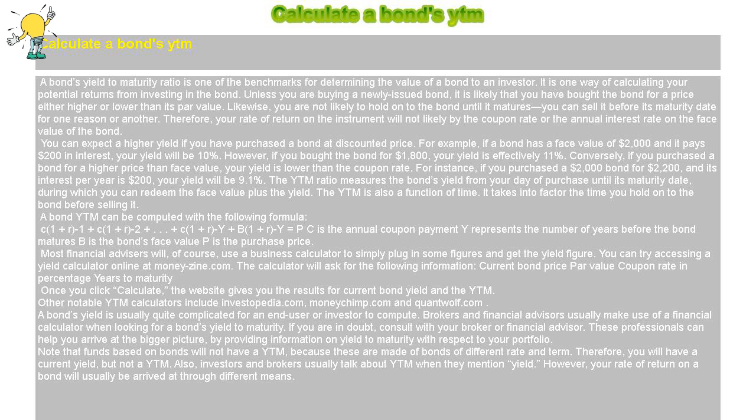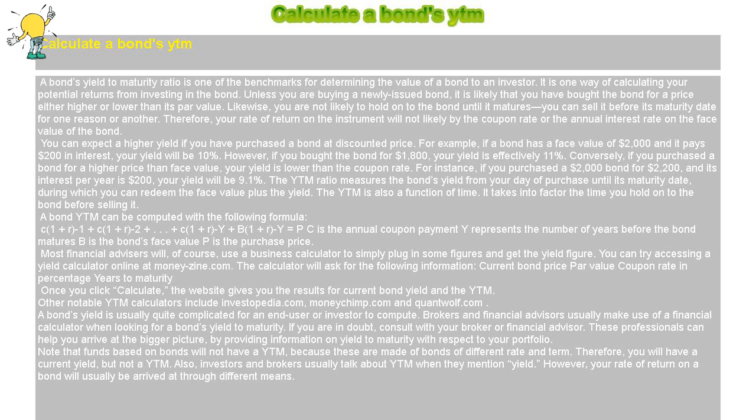The calculator will ask for the following information: current bond price, par value, coupon rate in percentage, years to maturity. Once you click calculate, the website gives you the results for current bond yield and the YTM.